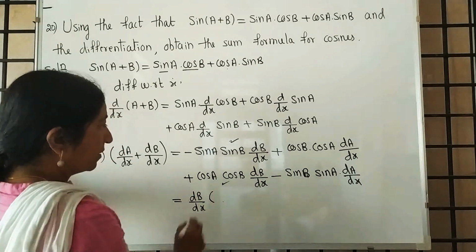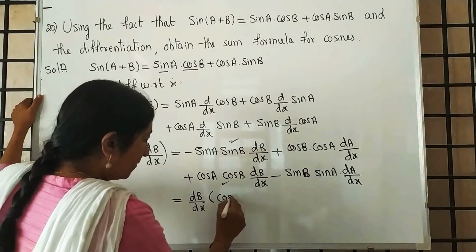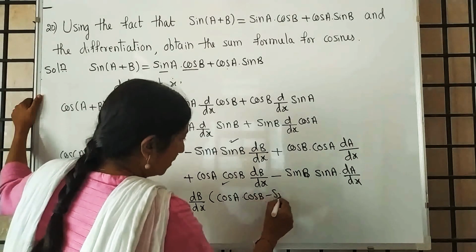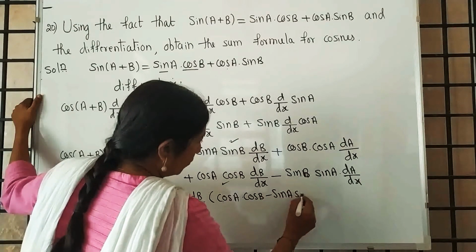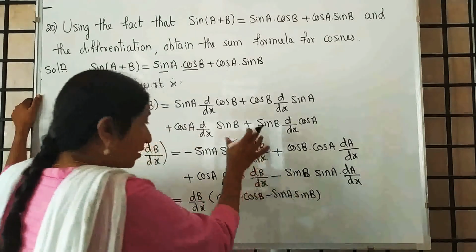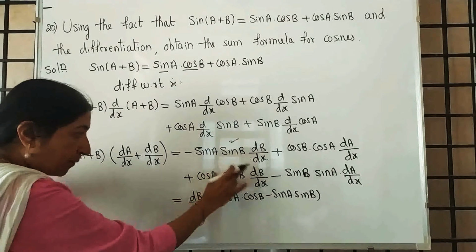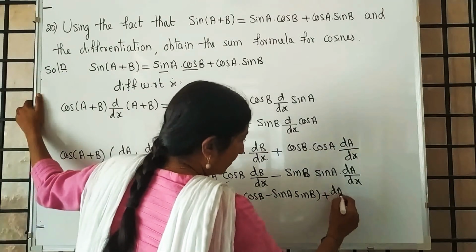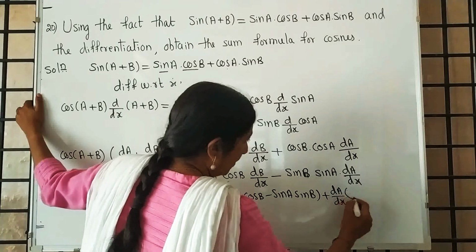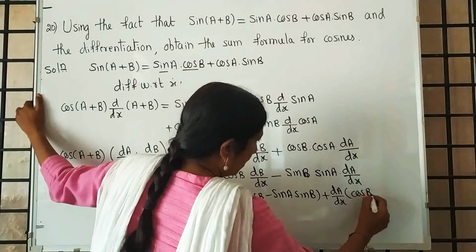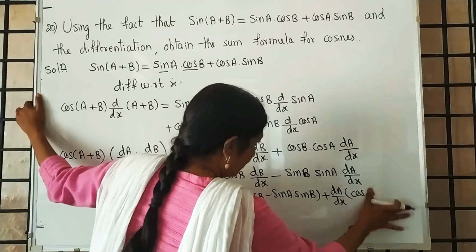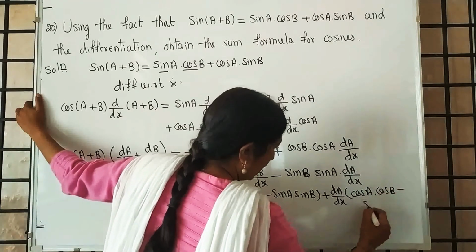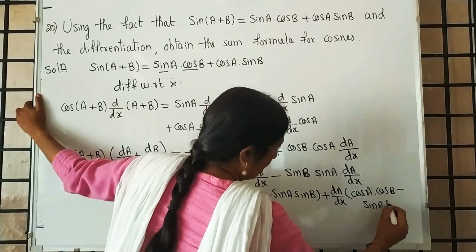In the bracket, cos A into cos B minus sin A into sin B.